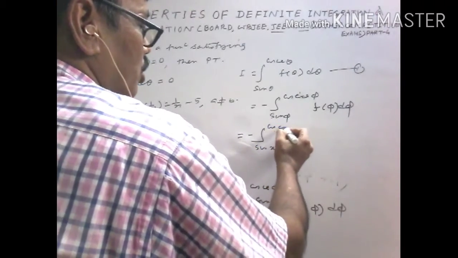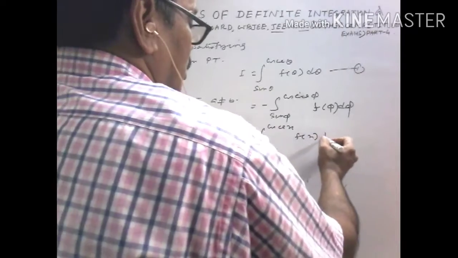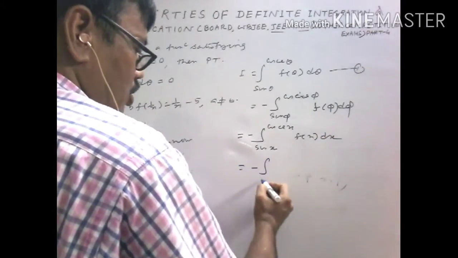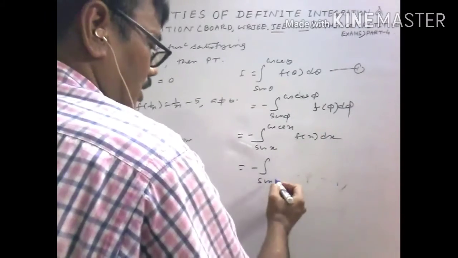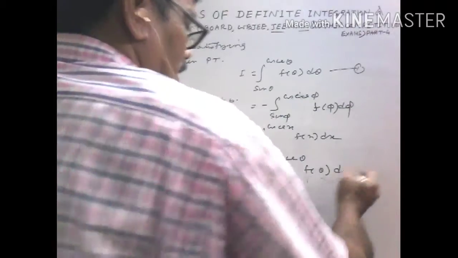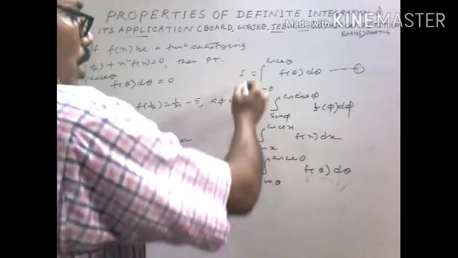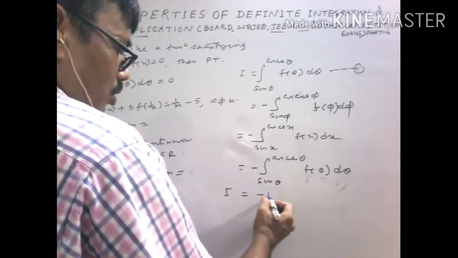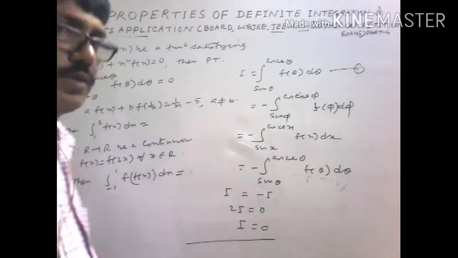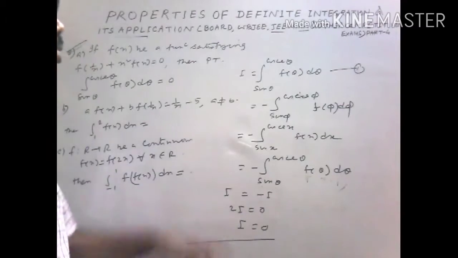So sin x to cosec x, f(x) dx, using properties of definite integral. Then again change x to theta. So sin theta to cosec theta, f(theta) d theta. So this is, look, our original integration, I equals to minus I. So 2I equals to 0, I equals to 0.